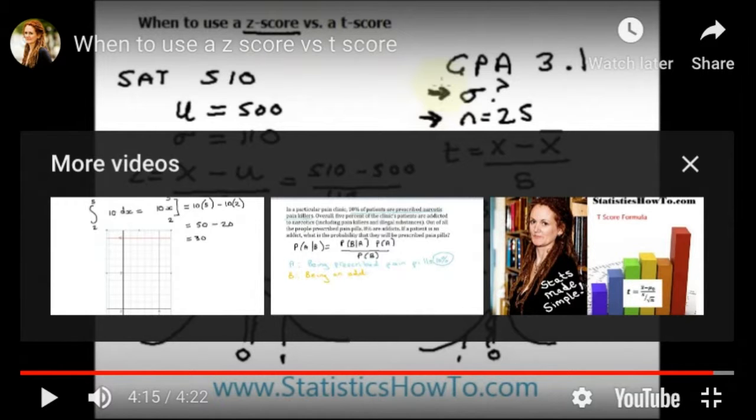From the formula that was done in the video, is this GPA 3.1 good or average or poor or excellent? Why did you say good? Can you tell me why? Do you have a reason why you said it was good?